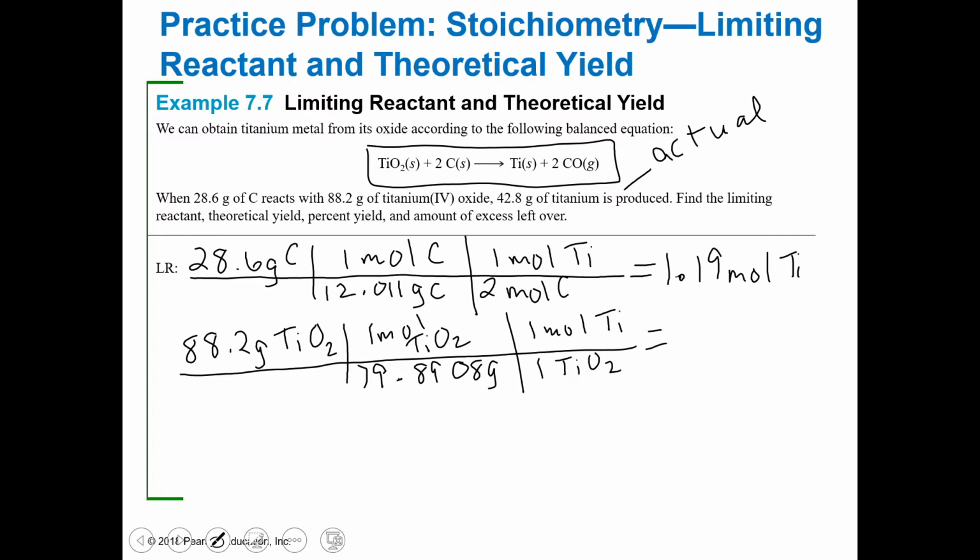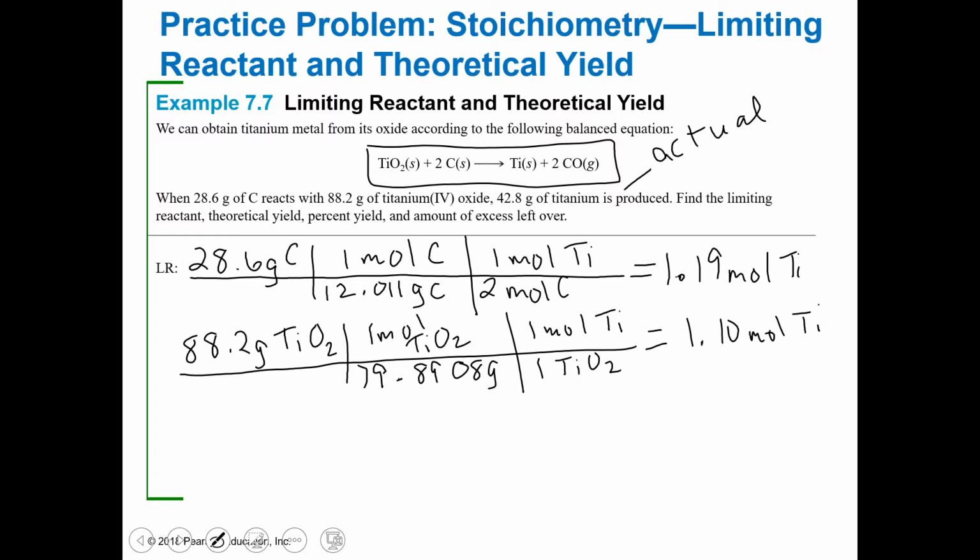Now I'm going to do the math. 88.2 divided by parentheses 79.8908 close parentheses, and I get 1.10 moles of titanium. Now in this case, the one that gives us the least amount is the 88.2 grams of titanium 4 oxide.